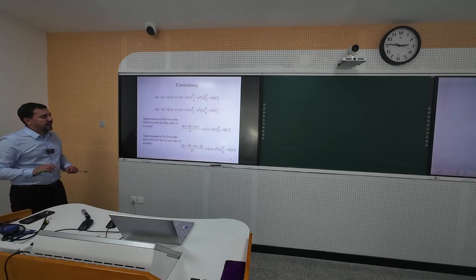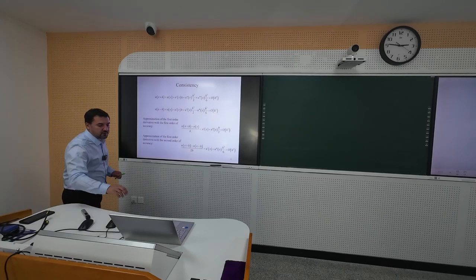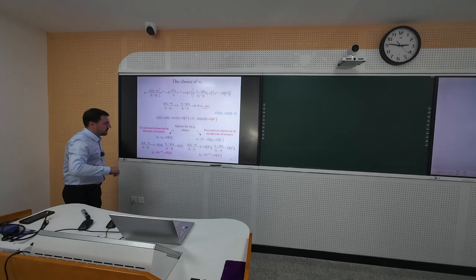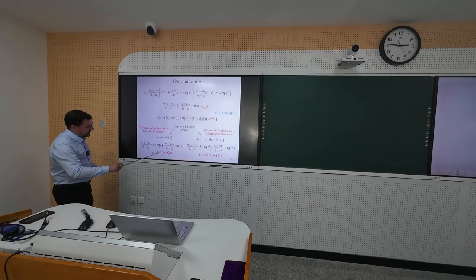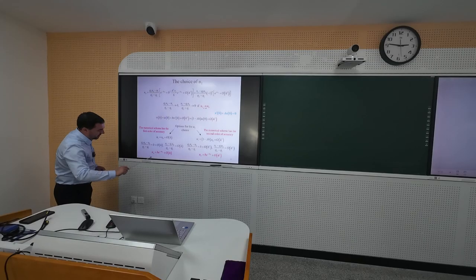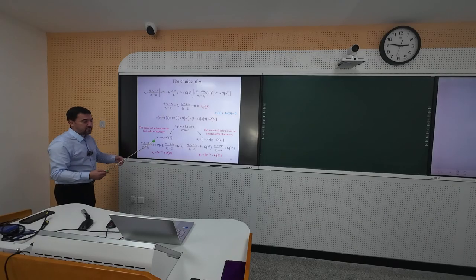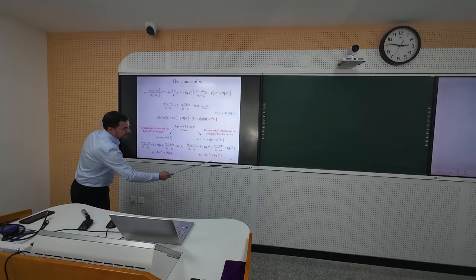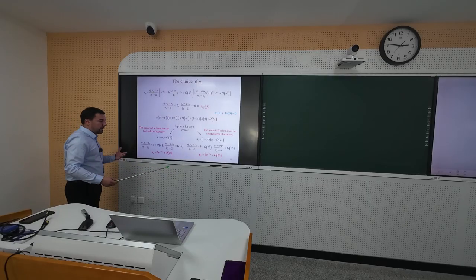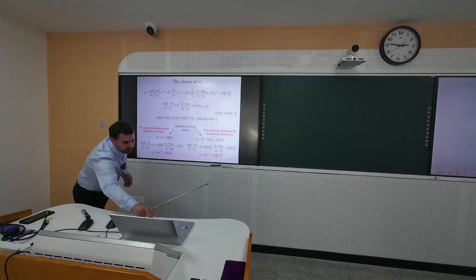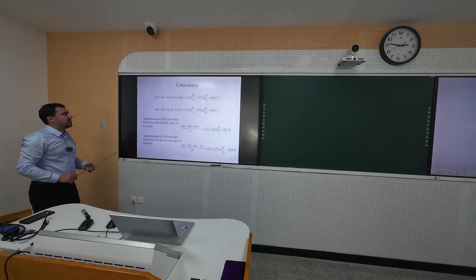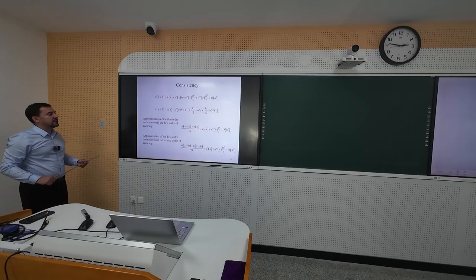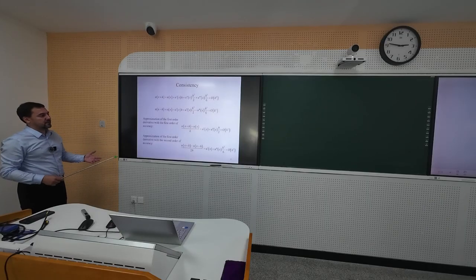But anyway, why did we get such a result? For the Euler equation, it was b e to the minus a x_n plus O of h, like here. And for central differences, for the appropriate choice of u1, we got second order accuracy. Why is it so? The obvious idea is that we used a more accurate representation of our derivative.